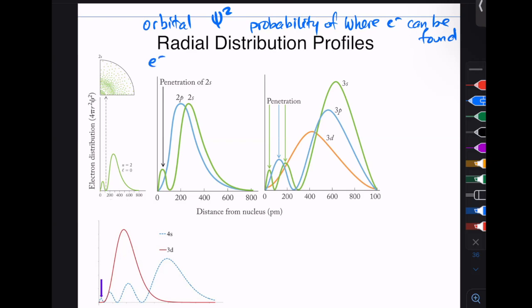Electrons closer to the nucleus are more stable. And if you're more stable, that means it's the same as being in a lower energy level. The energy levels are just the amount of energy necessary to keep things stable. So the closer the electron is to the nucleus, the more stable it becomes, and that gives us a lower energy level.